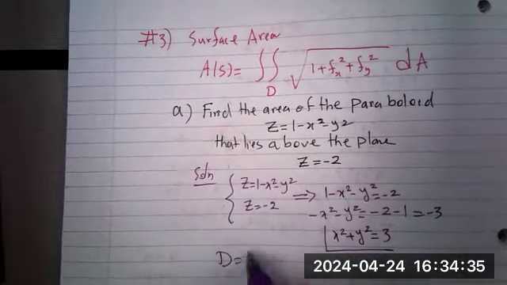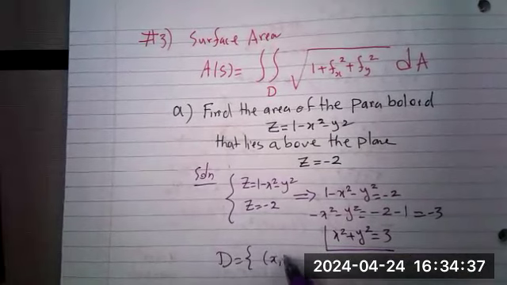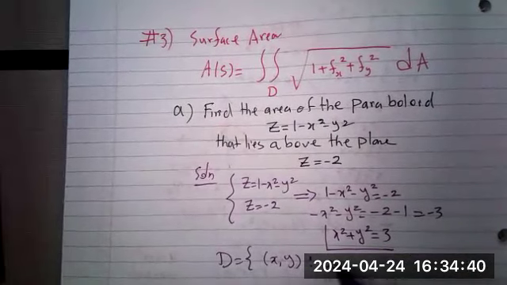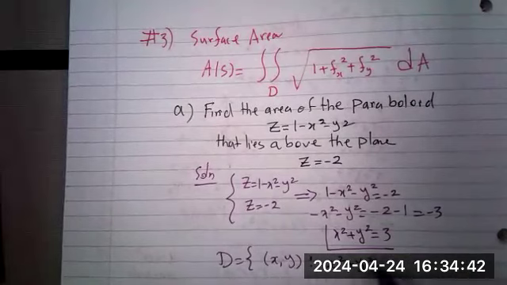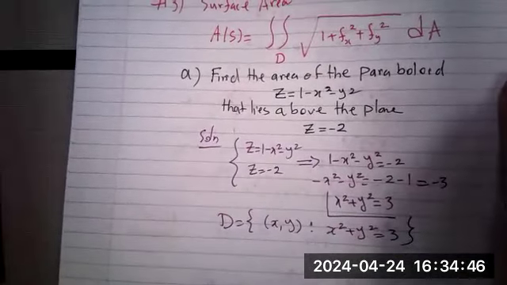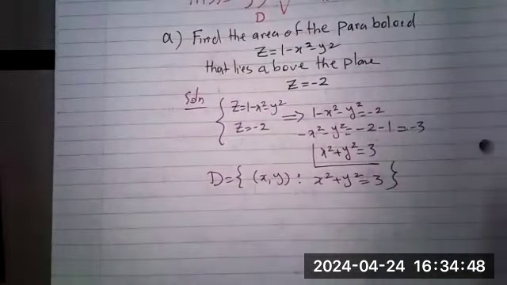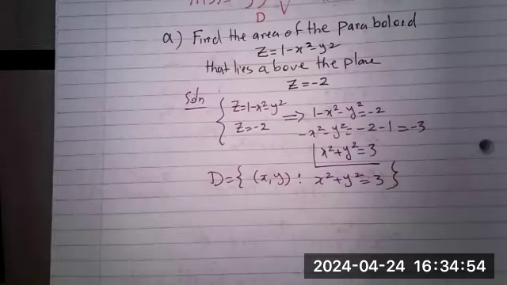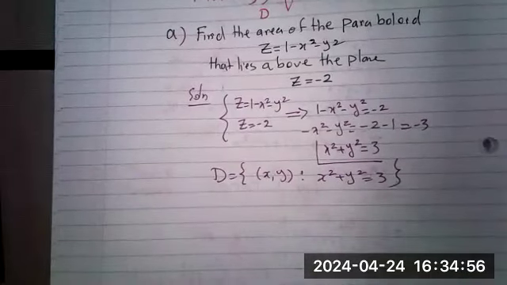So this is your D, the set of (x, y) where x squared plus y squared equals 3. Since your region is a circle, you better do your integration in polar form automatically. So instead of using the circle in two dimensions, use the circle in polar form.